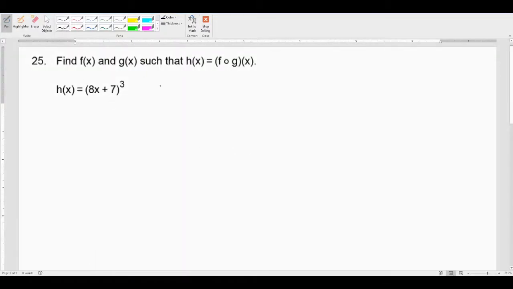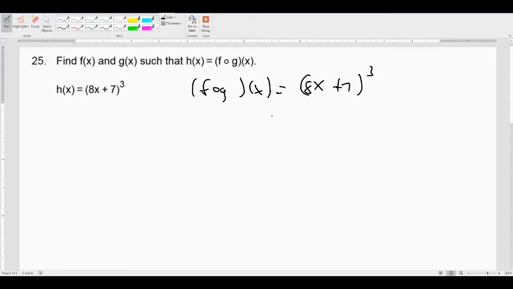In this example, you're given the fact that h of x is equal to the function composition of f of g of x. So what we're saying is f of g of x is actually equal to (8x + 7) cubed. That handwriting is kind of terrible, isn't it?